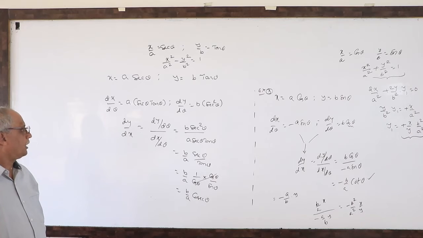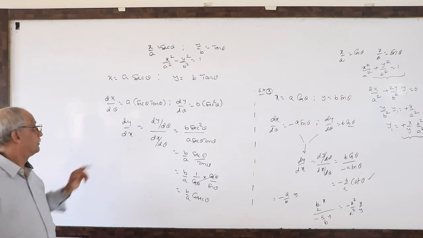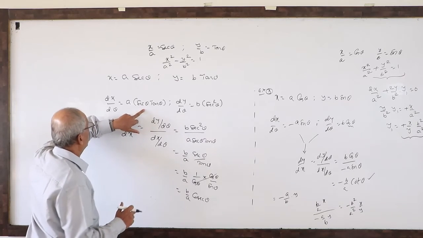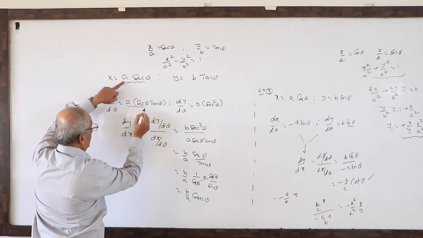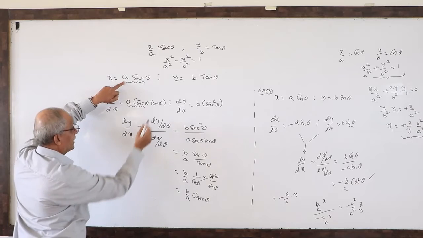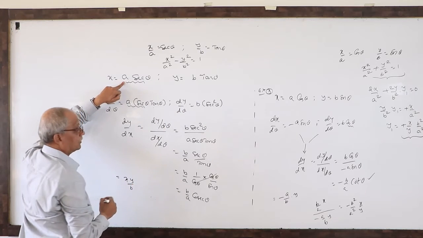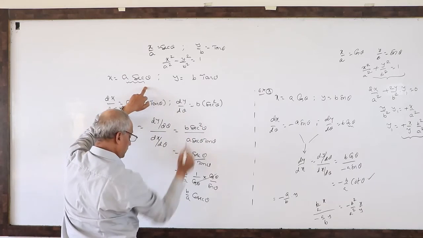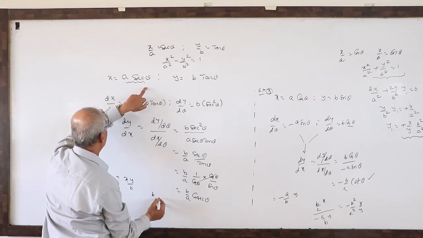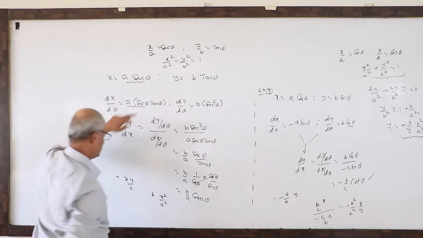But suppose they gave the answer in terms of x and y, now you see, from this, what is a secant theta? x. Tan theta value, y by b. What is secant square theta from this? Secant square, x square by a square.